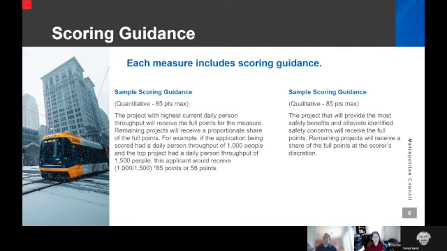The measure on the right is more open-ended, and the scorer will need to read each application and award points in a qualitative manner. In these cases, scorers have leeway in how they rate projects, with most opting to create a scoring matrix to help build consistency and organize the responses.